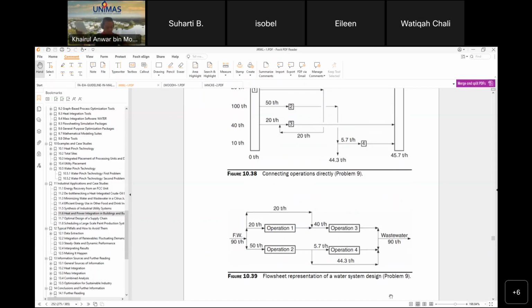Then case study. Go straight to the case study. So far we have learned the steps to conduct mass pinch analysis, then an example of how to do it.